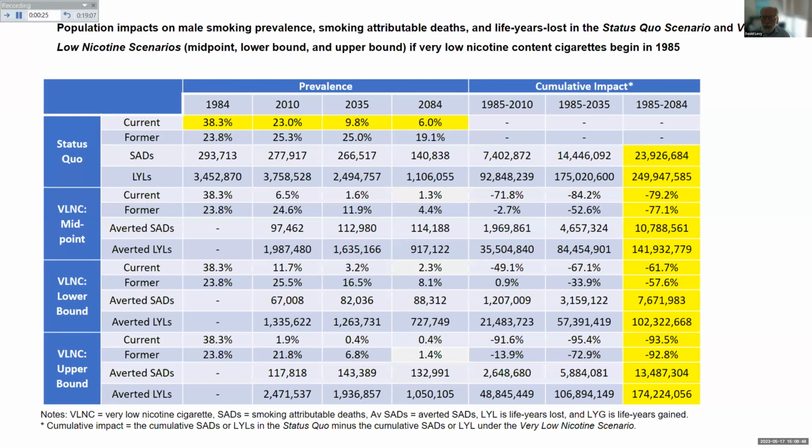And what you see here is that the status quo is similar, like it was before, but the impact is much less. This is for males.